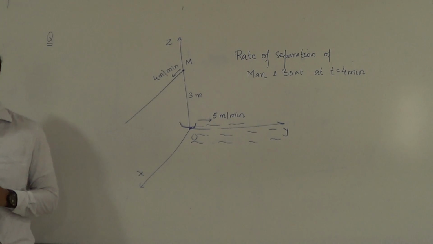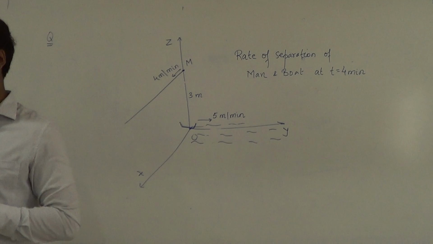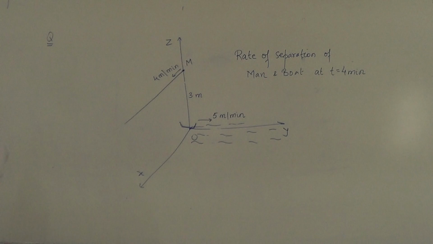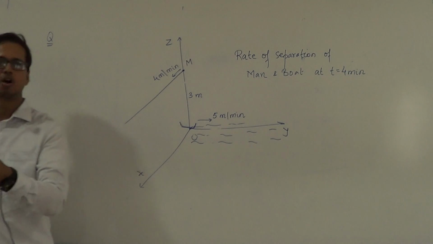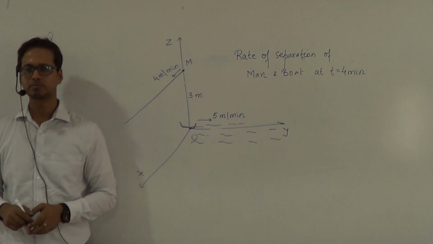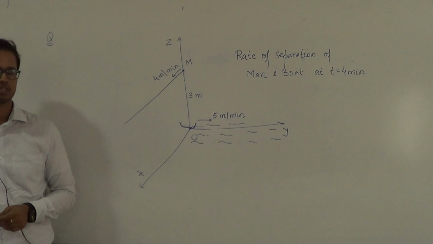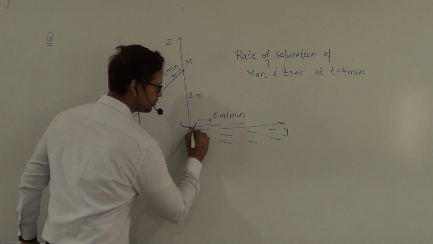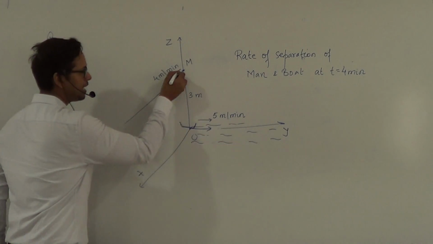So simultaneously the man starts walking on the bridge and the boat starts moving perpendicular to the bridge. So exactly at t equal to 4 minutes, what is the rate of separation of man and the boat? So assuming the boat is moving this way, man is moving this way.